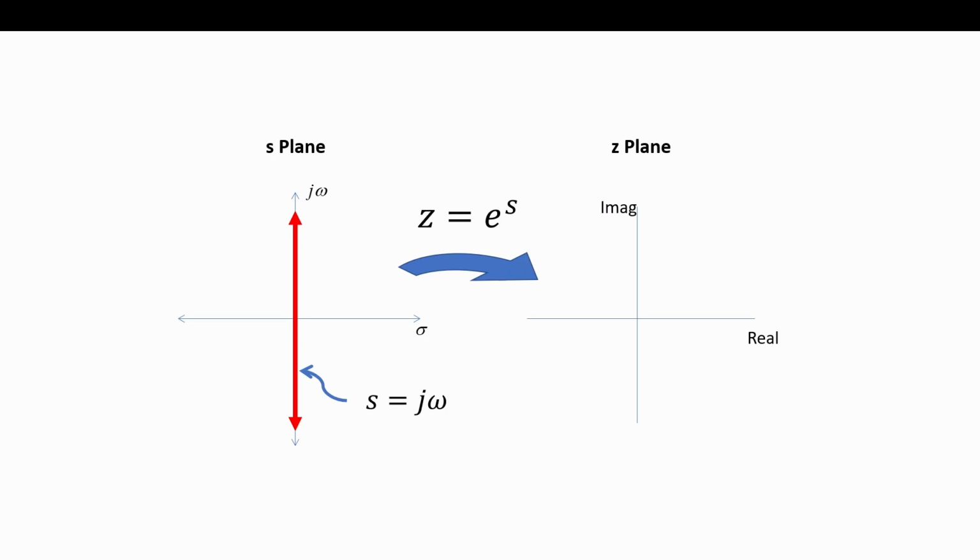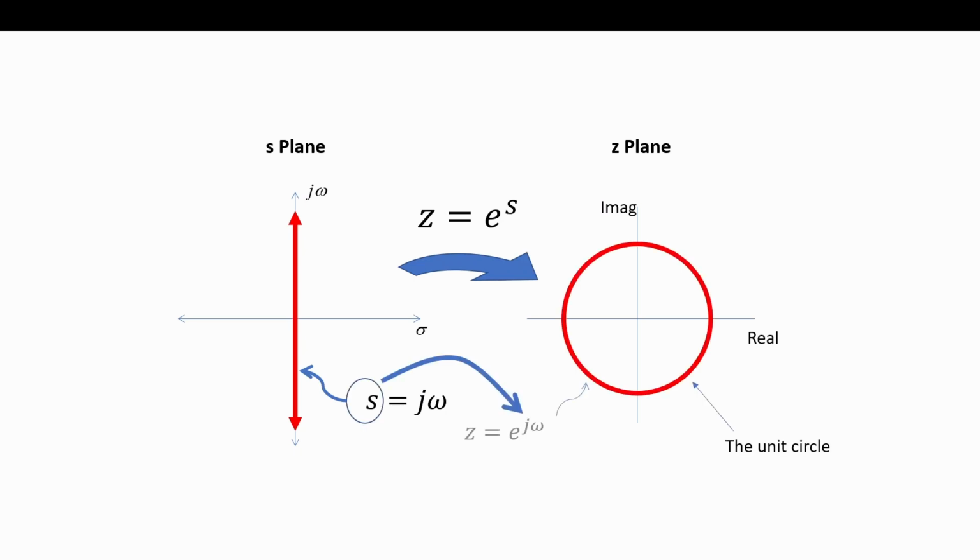We want the Fourier transform, so restrict s to be the j omega axis. So how does that map over? Well, if z is e to the j omega, because s is just j omega, there's our friend again, right? It has a magnitude 1 and a phase that's changing, in this case with frequency. So it's the unit circle.